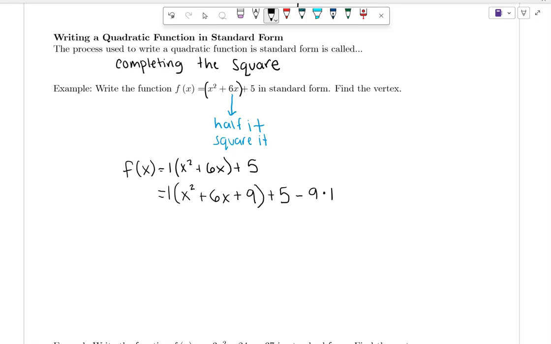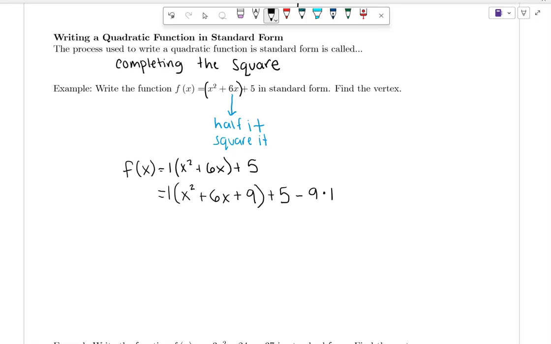Since we took out that 1, you have to multiply by the 9 because technically you're multiplying that 1 into every single number you have there. So if we had to take out a 2, you would multiply by a 2 at the end. Okay, so that is what completing the square looks like in this case.